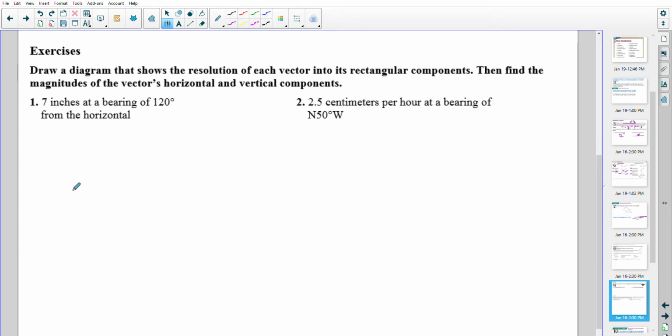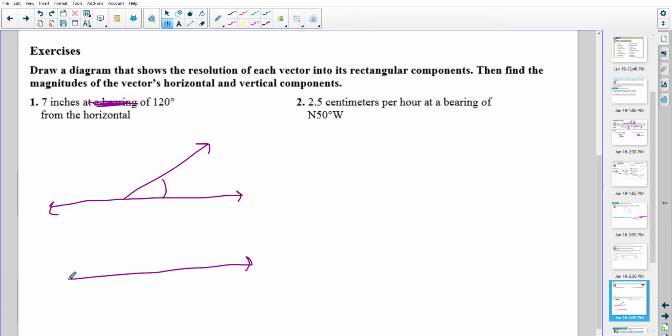All right, it says from the horizontal, so I'm going to drop a horizontal down, and the bearing, unfortunately, it says a bearing but it's not in bearing form, which is going to be off the horizontal. So that means that I'm looking at 120 degrees off the horizontal. And 120 degrees off the horizontal would go this way.